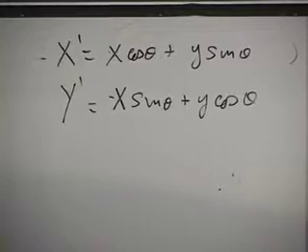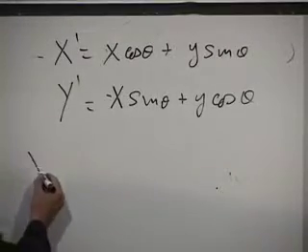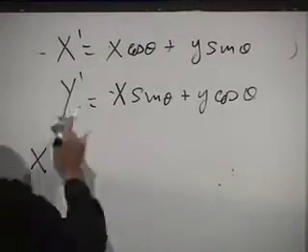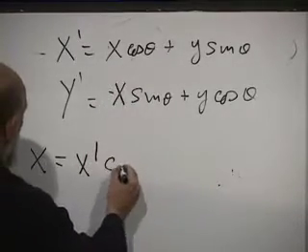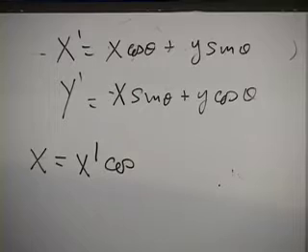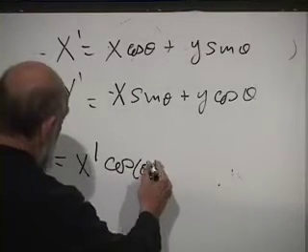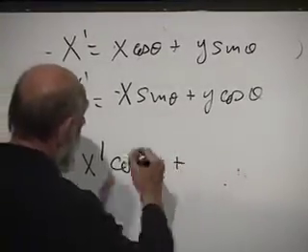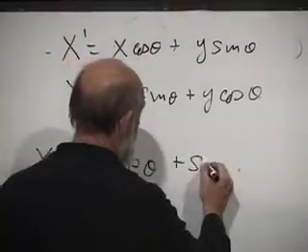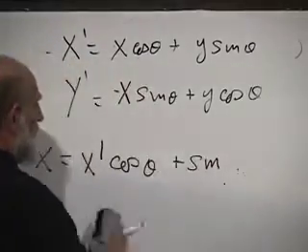Just change theta to minus theta and write that x is equal to x prime cosine of minus theta. But what's cosine of minus theta? Right, cosine theta, plus y prime sine of minus theta. What's sine of minus theta?